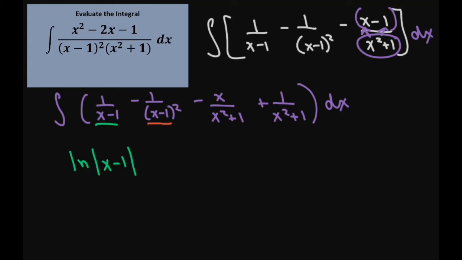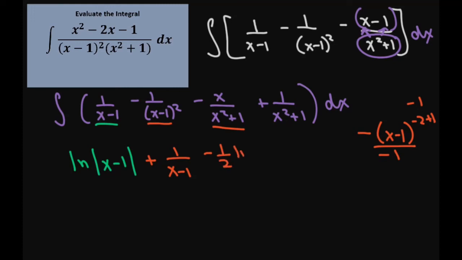This piece, remember, this is really negative x minus 1 to the negative 2 power. So if you add 1, you get negative 1, and divide by negative 1. This is going to give you plus 1, and this is going to be negative 1, so you put this in the denominator. So you get 1 over x minus 1. All right, now this piece is going to be negative 1/2 ln of x squared plus 1.